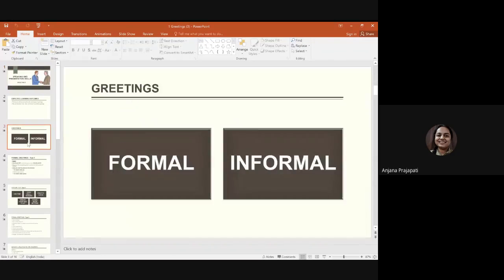Greetings are of two types, formal and informal. What do you think is the meaning of formal and informal? Why are there two types? Formal is for profession. Yes, and informal is? Okay, another question: give me examples. With whom can you use formal greetings and with whom can you use informal greetings?